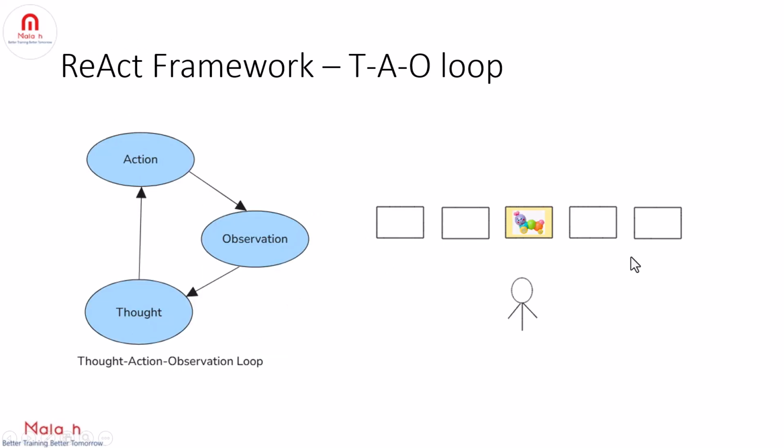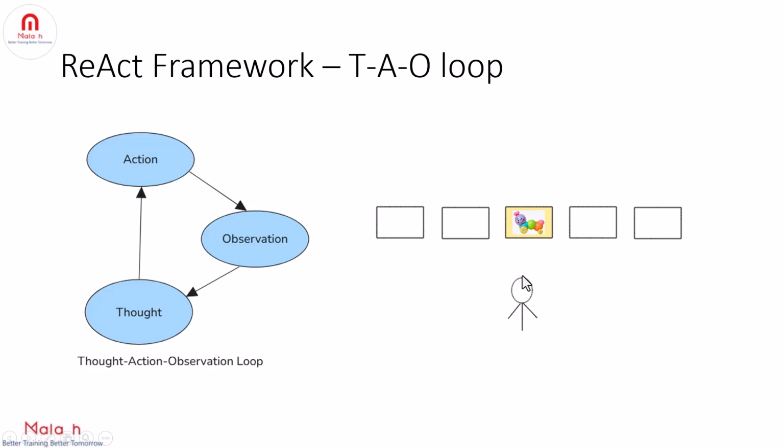Okay. Now let's see another example to understand this thought action observation concept much better. So assume that there is a kid who went to a party, and assume there are 5 boxes here, and the kid has to find the box which has the toy. Okay, so here you can see the thought action observation loop, right?